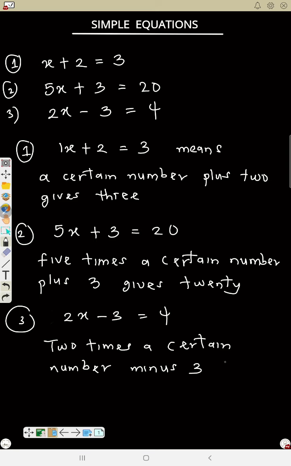So 2 times a certain number, that is 2x, minus 3 gives 4.